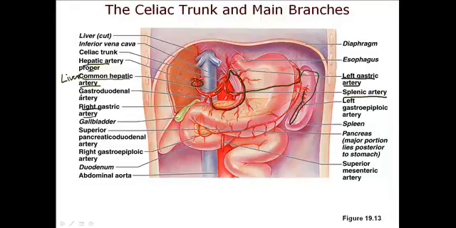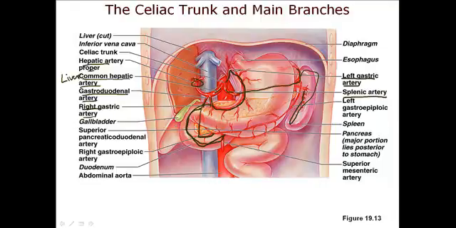The other one is the gastroduodenal artery. This goes to the duodenum, which is right here. It's just the first part of the small intestine.